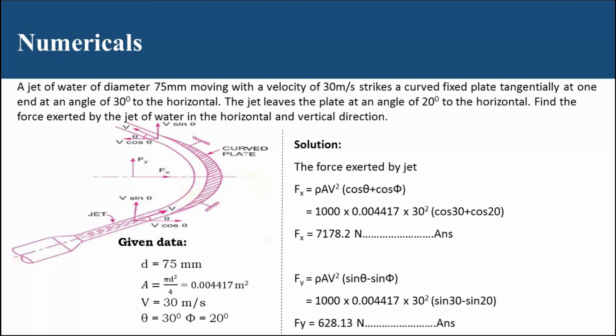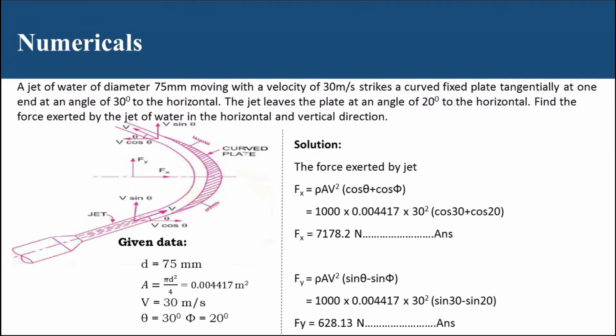Okay, so today we have covered all the cases of stationary plate. We saw the impact of jet on the flat vertical fixed plate, then the impact of jet on a fixed inclined plate, then the impact of jet on a fixed curved plate.